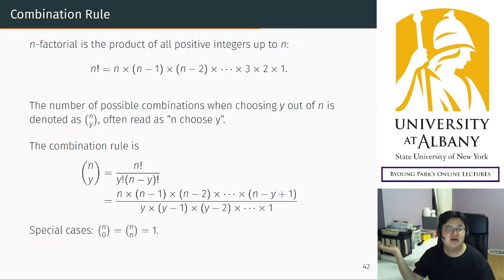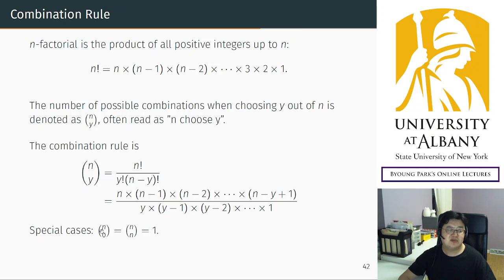Or if every reservation is canceled, then that's also only one possible scenario, because there is no switch on and off. Everyone has to cancel. That's it. So these 2 cases are simply 1.